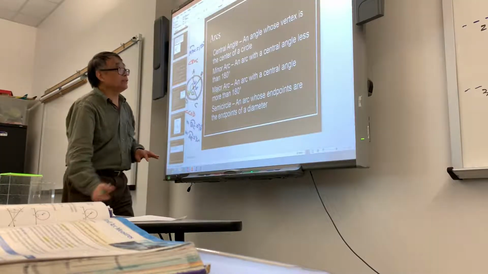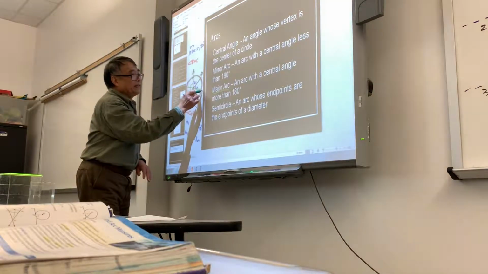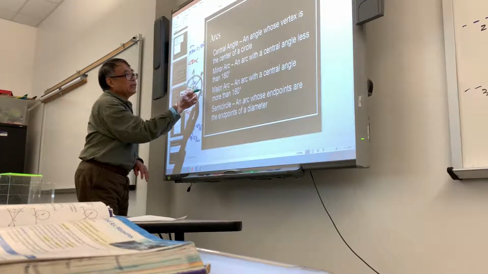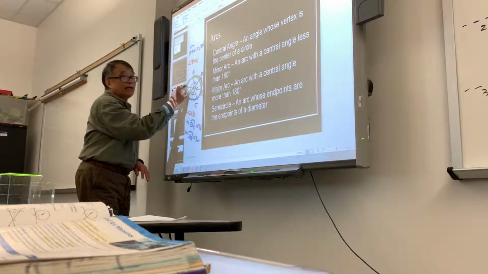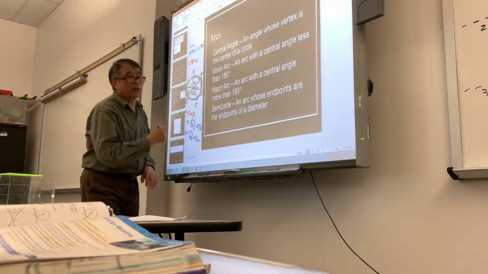Exact 180 degrees, for instance, the diameter. So for instance, A, B, C, D, E to F. So you can say arc EAF, E through A to F, is semicircle. The example is 180 degrees.